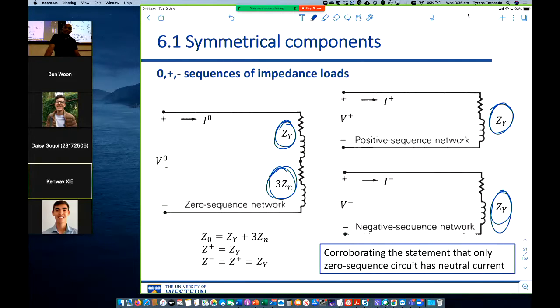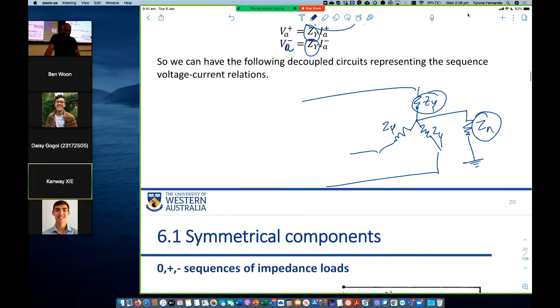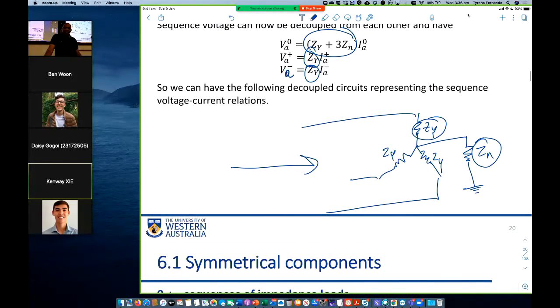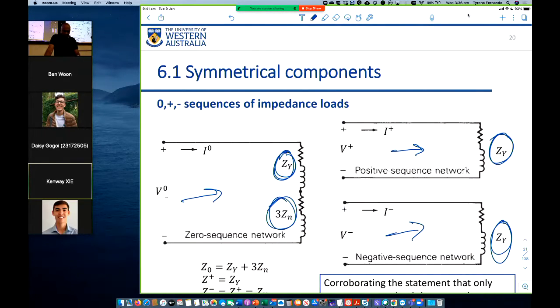Right? So we have this network, we have corresponding zero sequence network, a positive sequence network, and a negative sequence network. So I can look at this configuration and say, okay, 3 times of that must appear in the zero sequence, and this term has to appear there for the zero sequence, which is this term and this term, impedances.